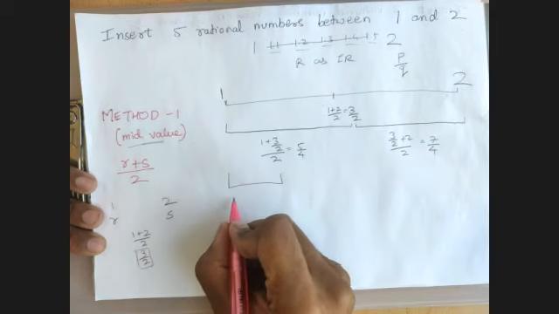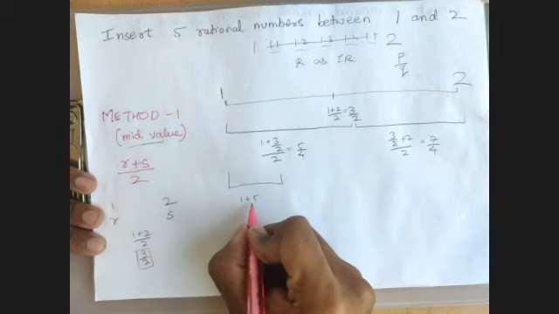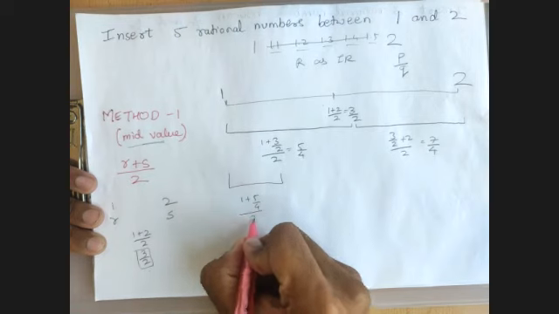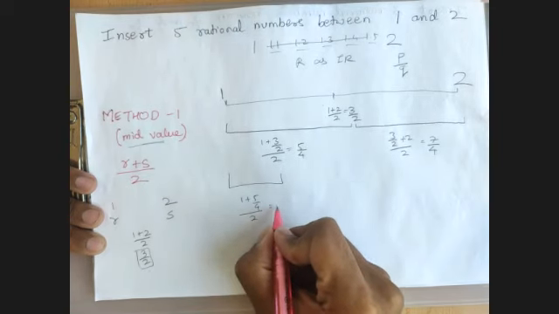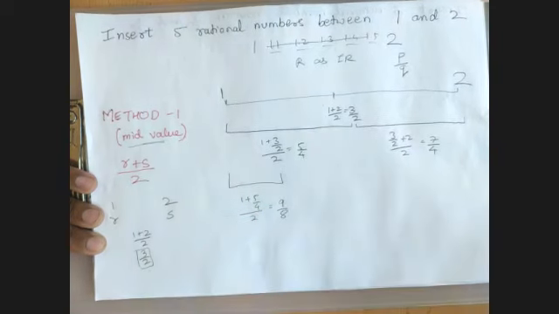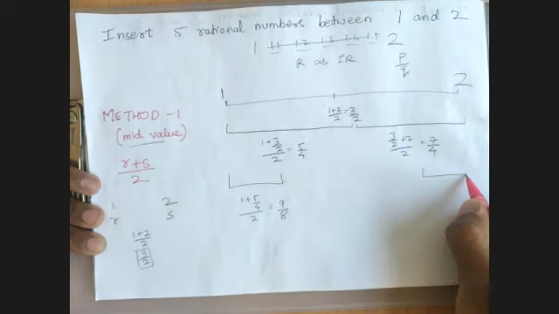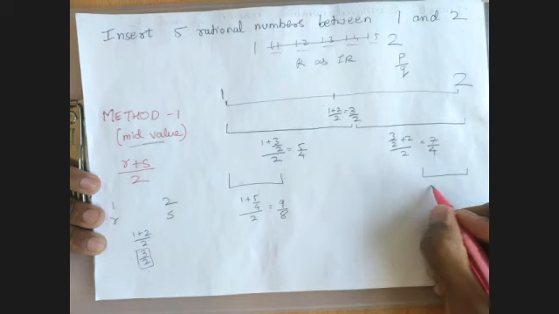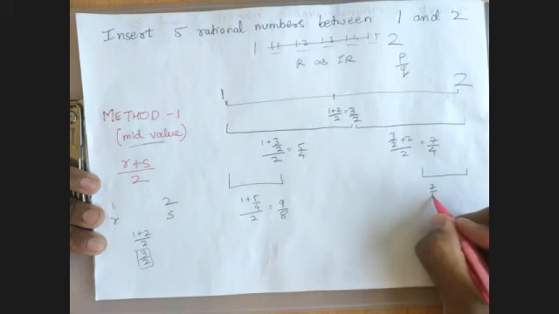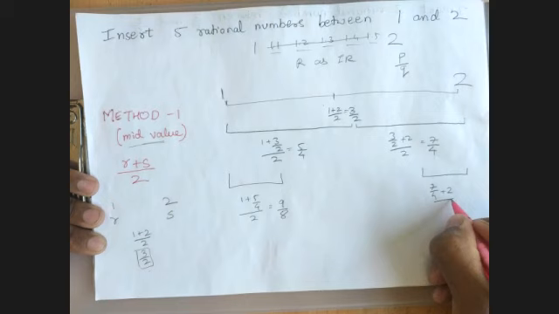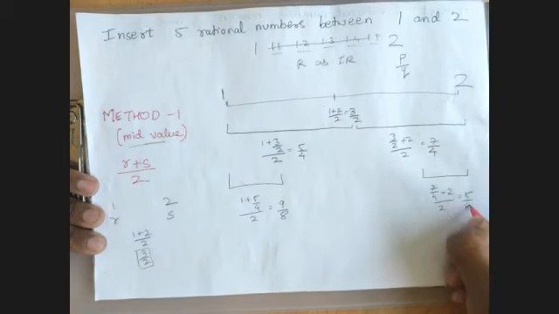That is 1 plus 5 by 4, by 2. That would be equal to 9 by 8. And I would take a midpoint between 7 by 4 and 2. That would be equal to 7 by 4 plus 2, by 2. That would be equal to 15 by 8.